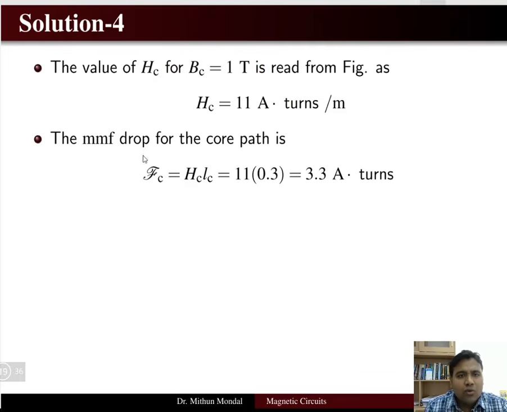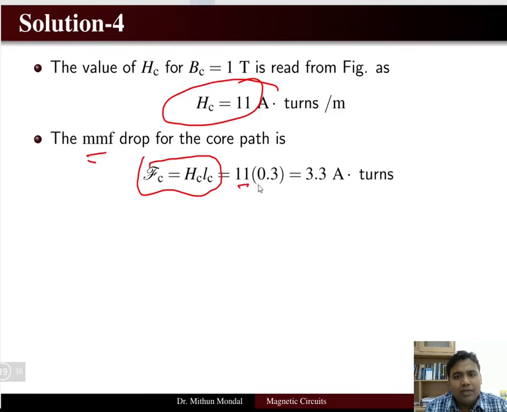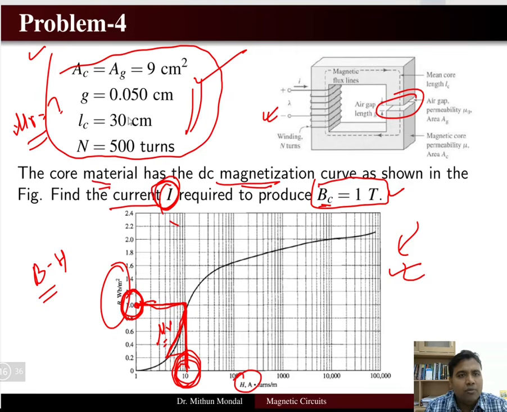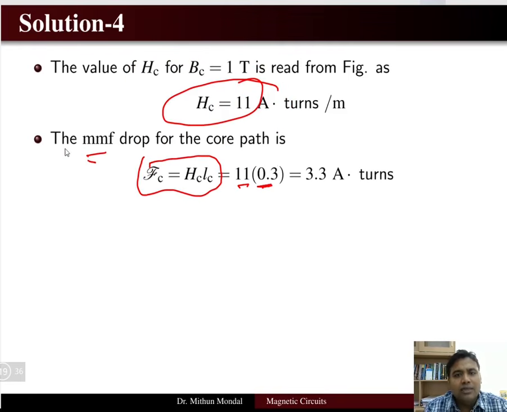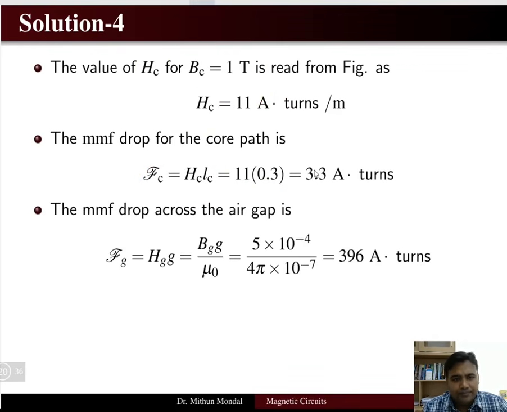So what is the MMF then? MMF is given by Hc into Lc. Hc is 11, multiplied by the length of the core, 0.3 meter, given in the problem as 30 centimeters, so you convert that into meters. 11 into 0.3 gives 3.3 ampere turns.